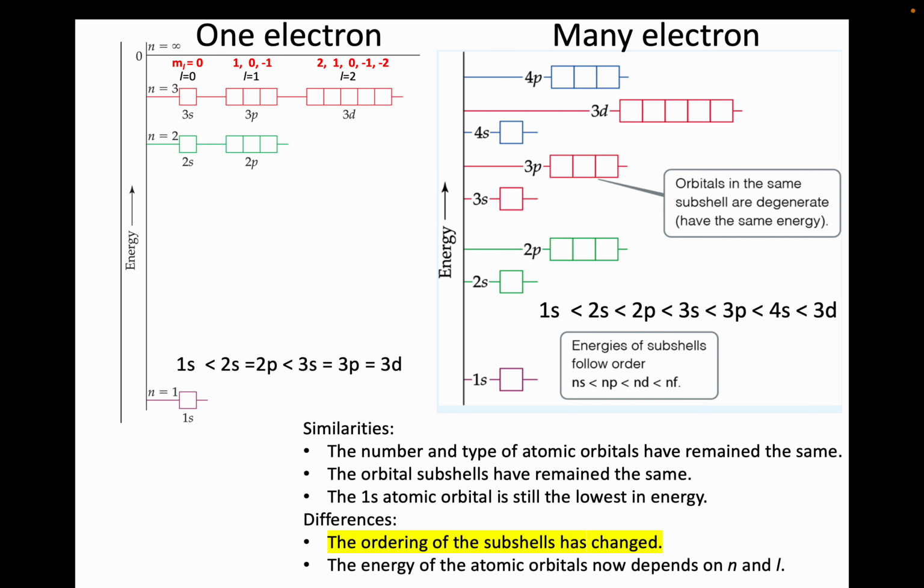The 1s is still the lowest, then it goes 2s, then the grouping for the 2p, 3s, 3p, 4s, 3d. So the ordering of the particular subshells has now changed. The energy of the atomic orbitals now depends on both n and l. This particular ordering, 1s, 2s, 2p, 3s, 3p, 4s, 3d, we're going to use quite often in today's class.